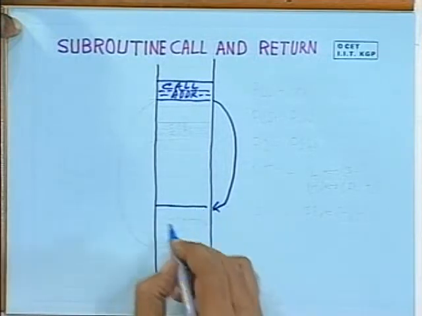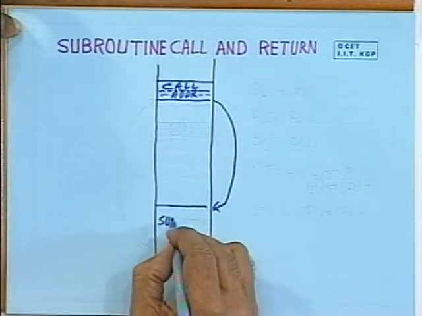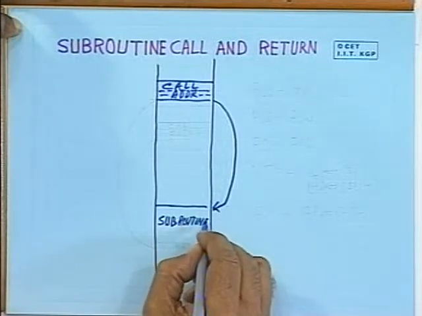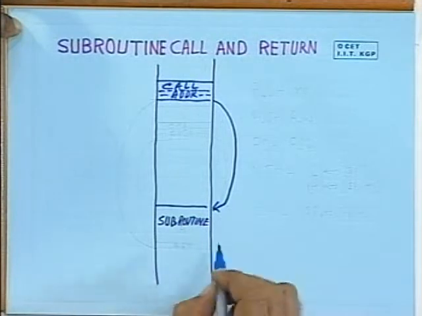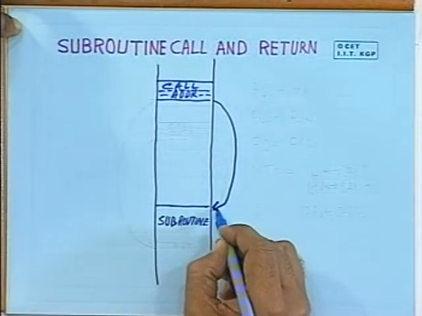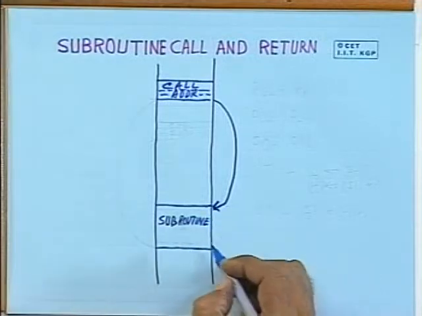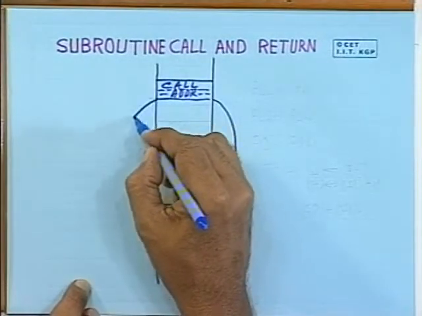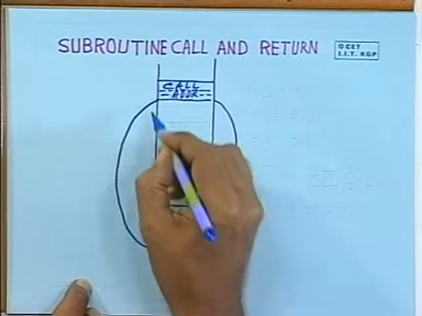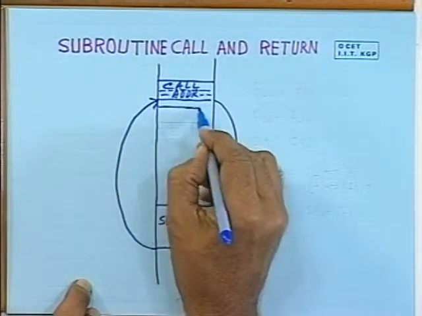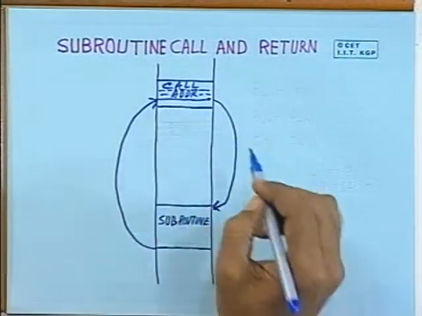Suppose this is the beginning of the subroutine, and this is your subroutine, which is also residing in the same memory. Now after you have jumped to a subroutine, suppose this is where the subroutine ends, you want to return back to this point, where your next instruction is stored.